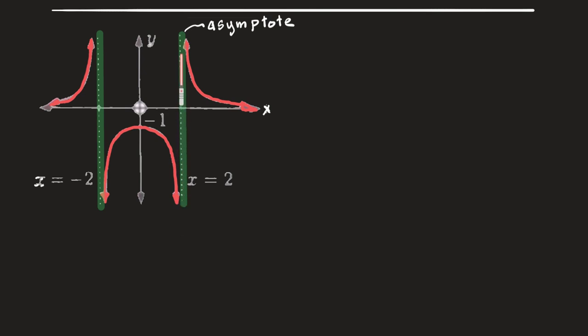That green line is represented by x is equal to 2, and this green line is x is equal to -2. Our values of x are such that x cannot be 2, or it cannot be -2. It can be anything but 2 and -2.